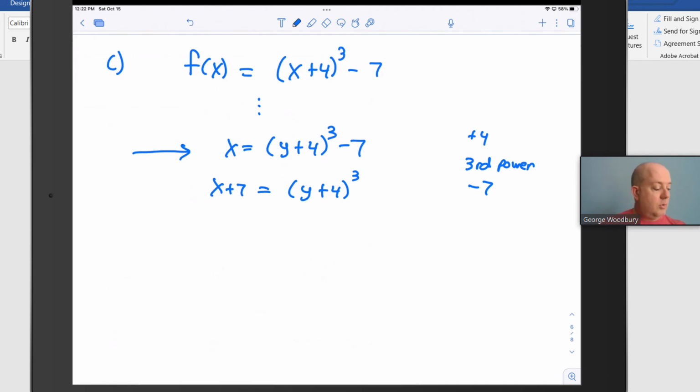We want to peel those off in the opposite order. So we got rid of minus 7 by adding 7. To get rid of the third power, we need to take the third root of both sides. The third root of x plus 7 equals the third root of y plus 4 cubed, but that just equals y plus 4.